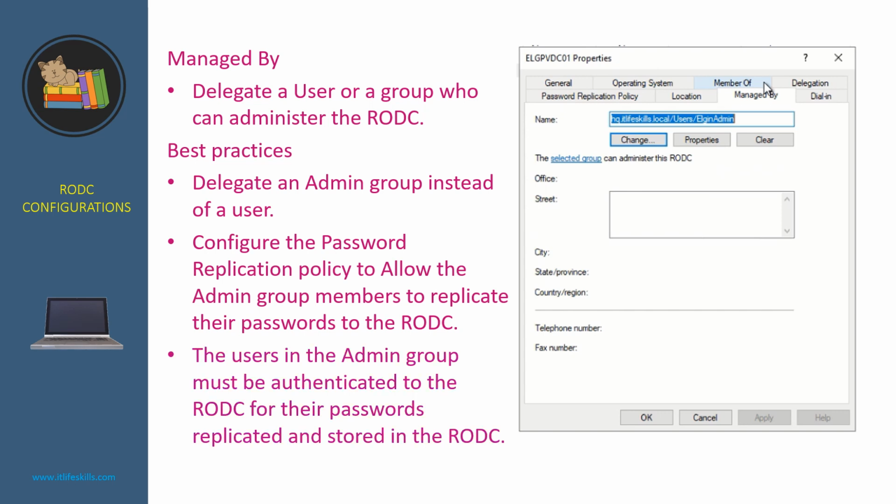The users in the admin group must then be authenticated to the RODC at least one time for their passwords to be replicated and stored in the RODC. As you can see, here we only configured an Elgin admin user. We should change it to a group.